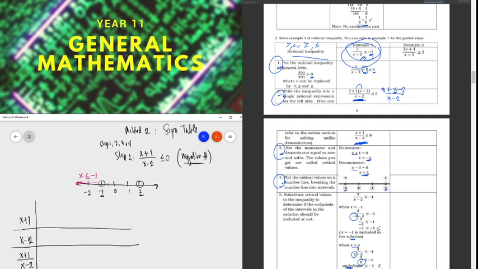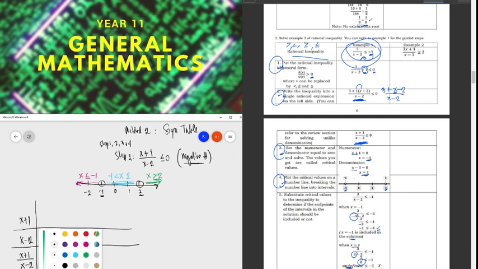The center represents x is greater than negative 1 but less than 2. And this side here is x greater than or equal to 2.